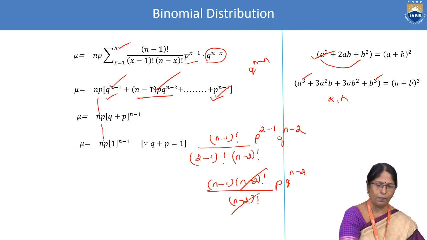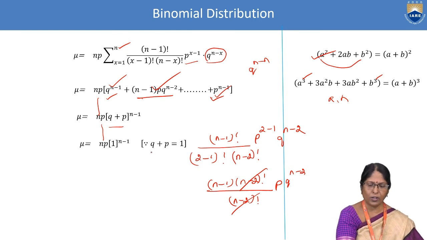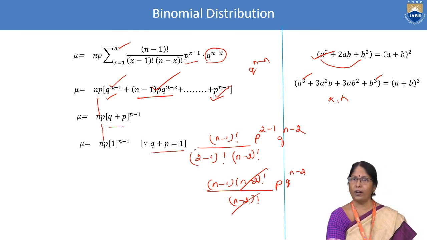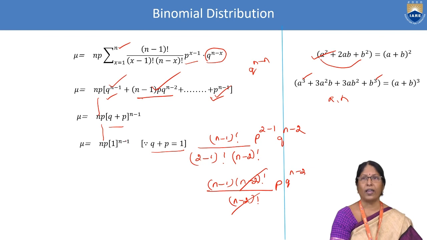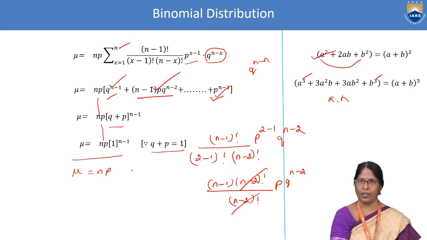So now np as it is, p plus q, where p is the probability of success and q the probability of failure. Always the total probability is 1. So 1 power n minus 1. So we proved it, mu equal to np.